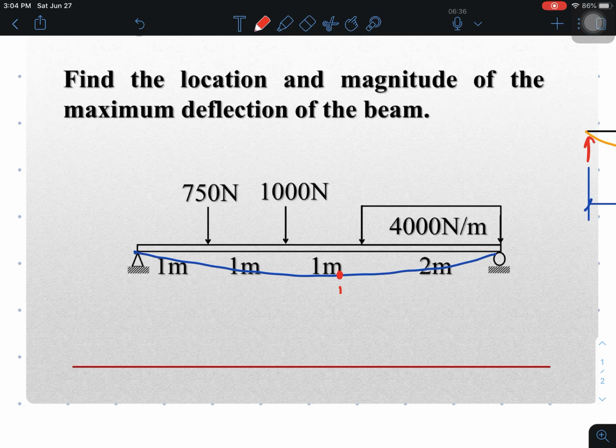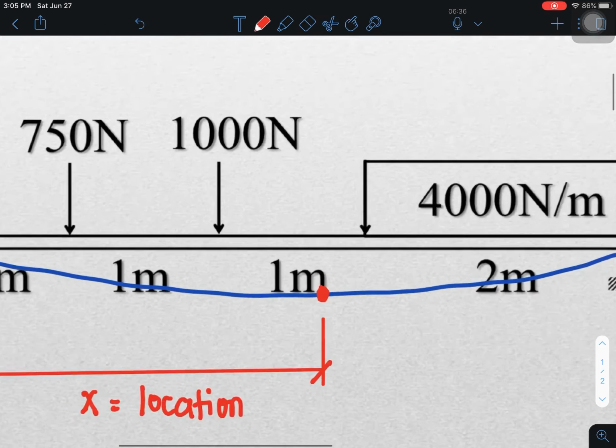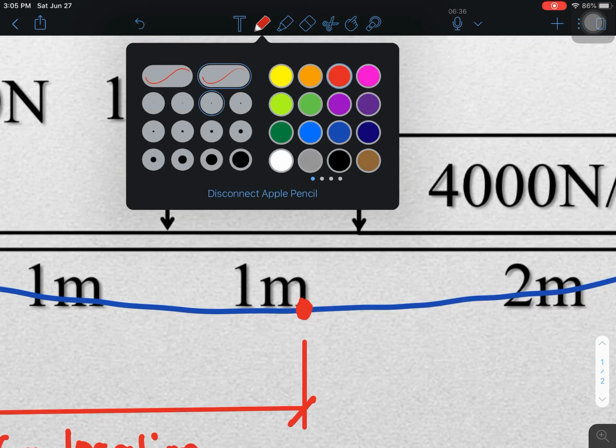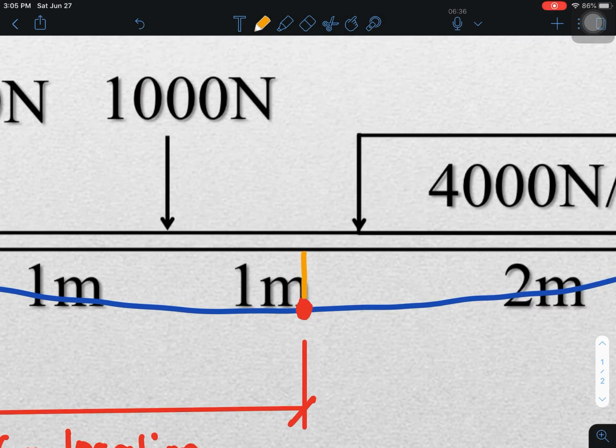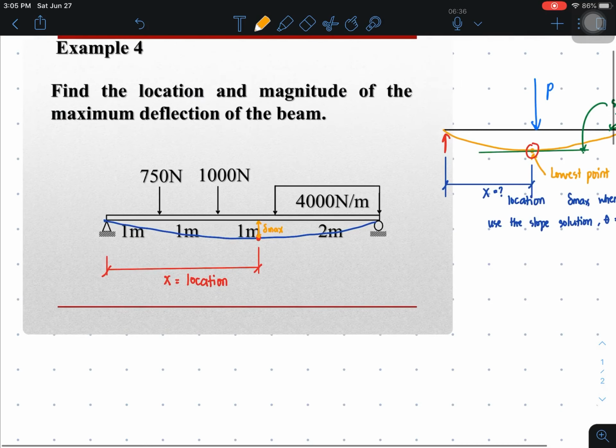So we are going to describe this position sa ato ang beam in relation sa imuhang location. So this is the location of the maximum deflection. Okay, so we're going to find that.